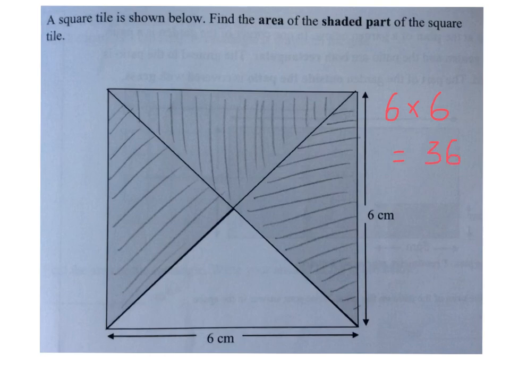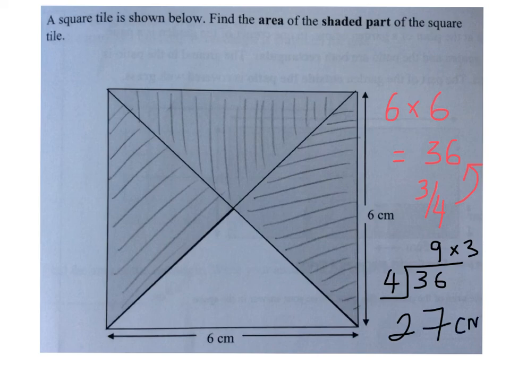We now need to work out 3/4 of 36 because there are 3/4 shaded. So I divide by the bottom, so 4 into 36, which is 9, and I multiply by the top, which was 3, giving me an answer of 27 centimetres squared.